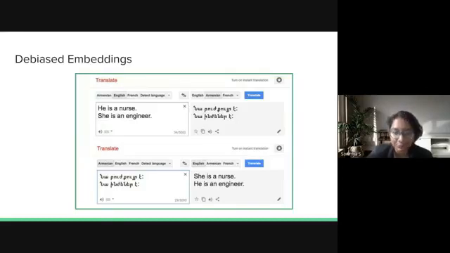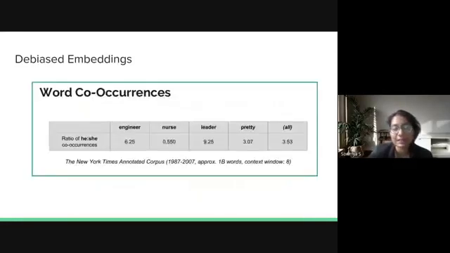So why does this happen? Apart from, of course, the fact that the text is biased, if you recall our word embeddings class, it depends on the context and the co-occurrences.